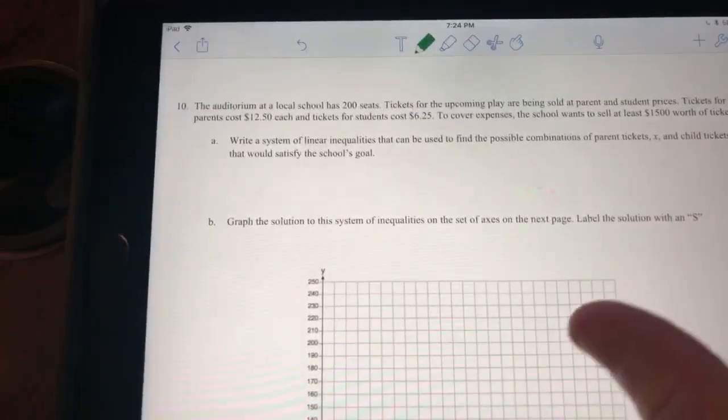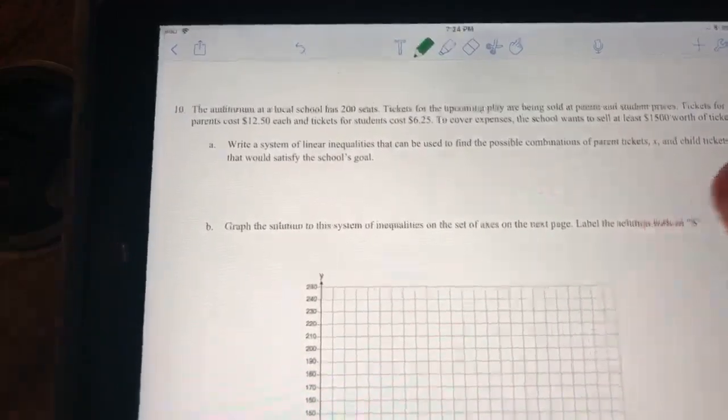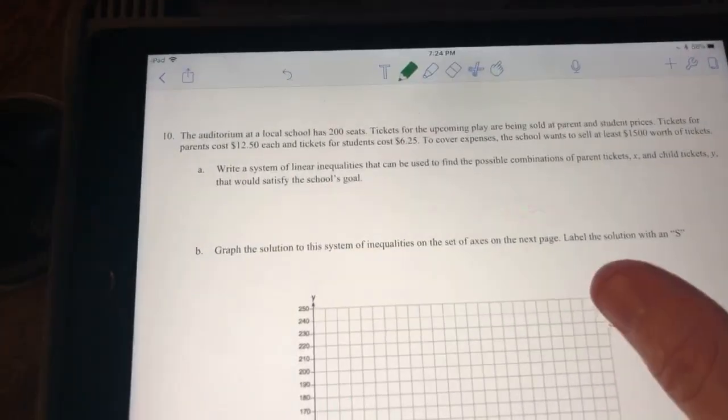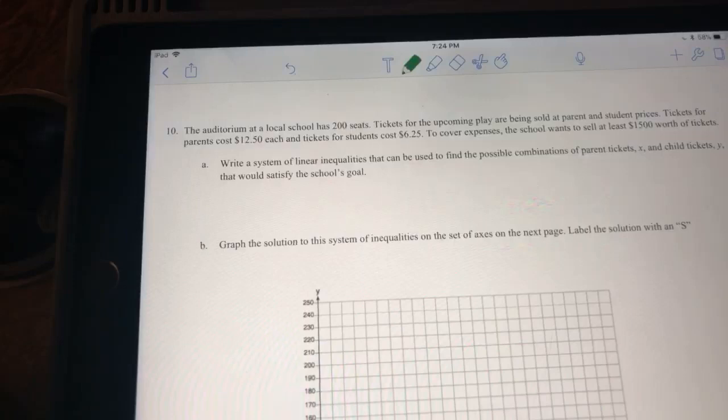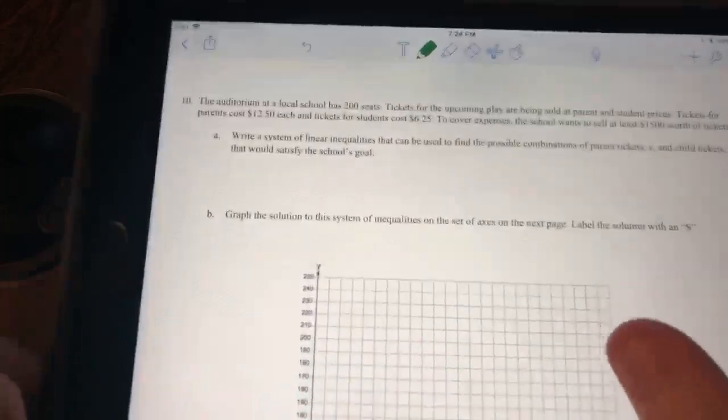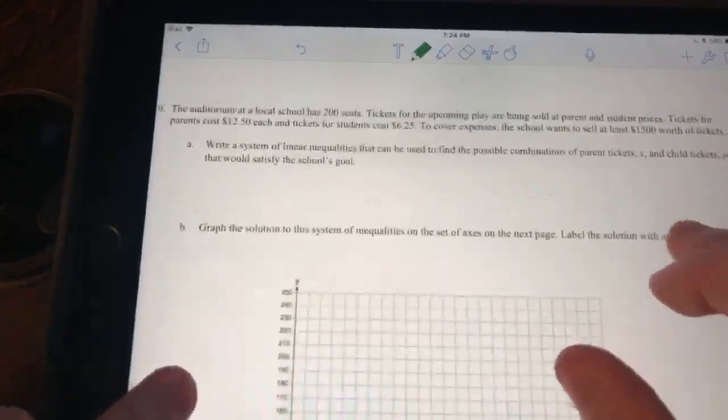This would probably be the very last one tomorrow, as a hint. Very back one on the review sheet, try it out.